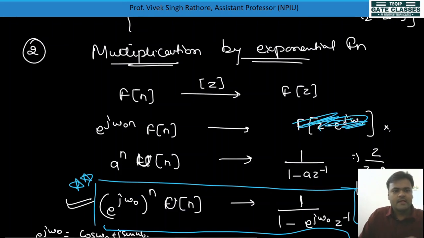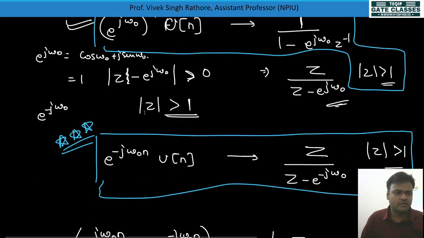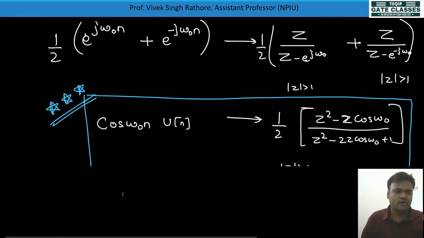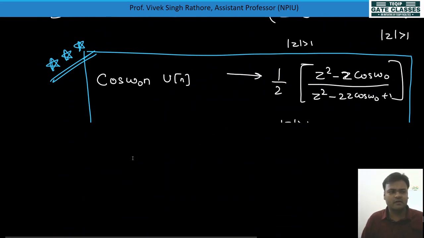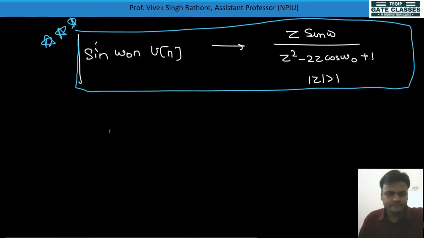So a to the power n u of n, as we know, we have done this. From this portion we have got cos of omega naught n and sine of omega naught n. So by properties of the z transform, we have seen the linearity property and the multiplication by exponential function also.